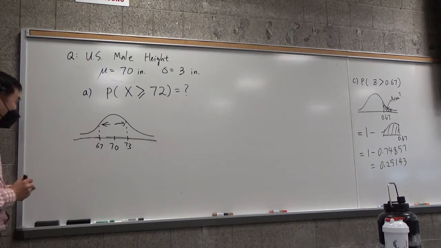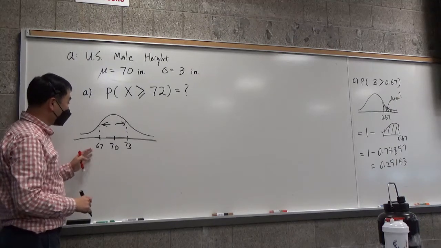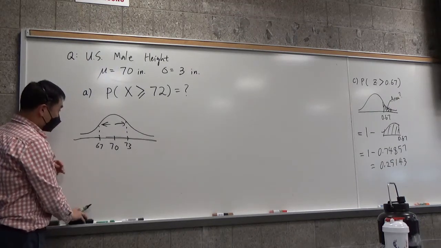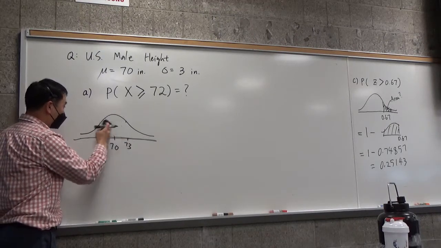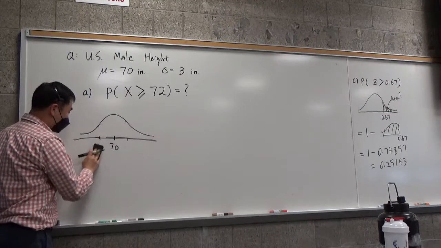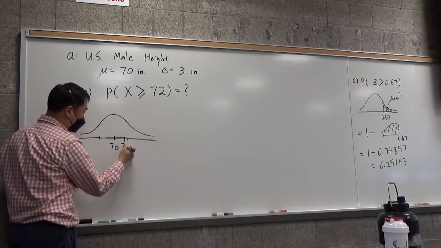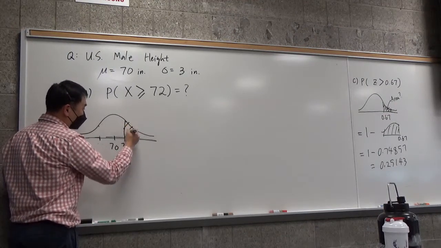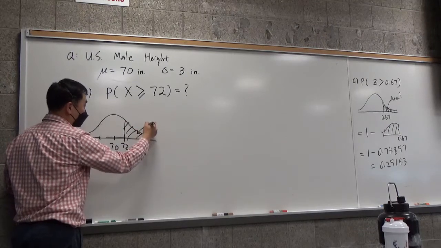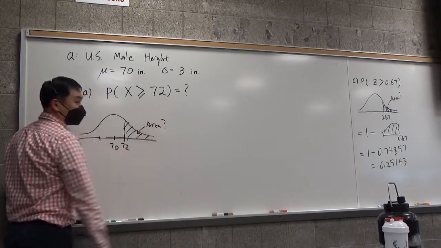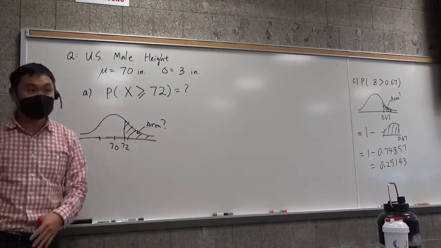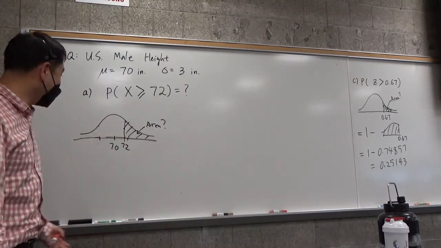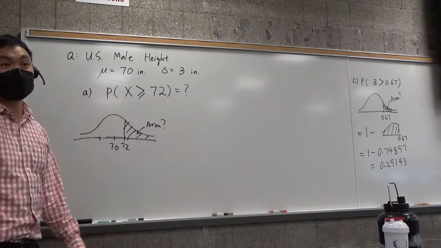All right. Now, the problem is that here, if we shade what we want to know, it is exactly this. I have this 72 somewhere here, and I want to know the probability of this. The entire area is 1, and what's the probability of meeting a random guy who is 6 feet or above?